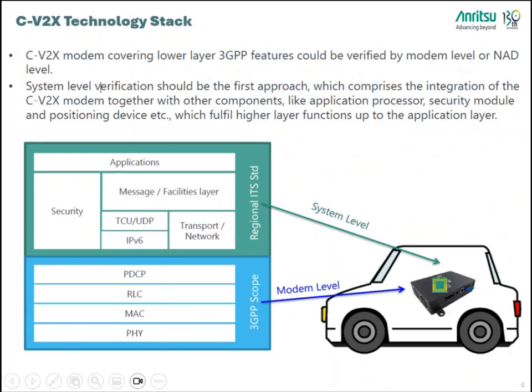Both the PC5 and the cellular are defined by 3GPP. If you go to the 3GPP spec, you'll find the specs for 5G as well as for the protocol stack. And for each layer, we have predefined protocols for how it has to be governed and implemented. So combining both these things into an integrated system, it works as CV2X technology.